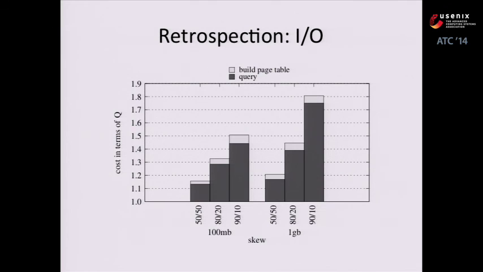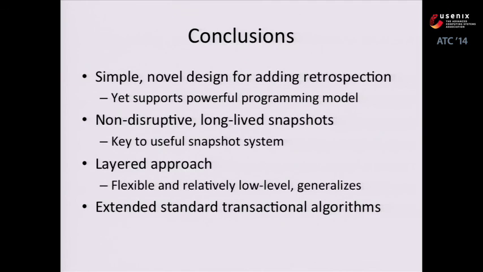This experiment is a little subtle, so I'll leave some of the details to the paper, but the high-level takeaway point is that while it is more expensive to perform a retrospective query because of the cost of declustering your I/O, remember this is a copy-on-write system, so pages are not in order, it is still only about maybe 1.7 times more expensive, and you're getting it at the cost of a very low impact system. So I'm definitely over time now, so I'll leave it at that, but I'll take questions.